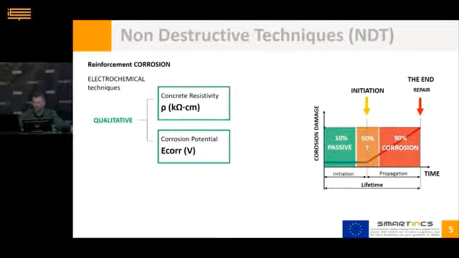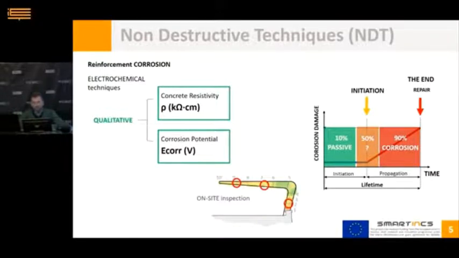For example, when applied on site, they provide in a short time a corrosion risk map that gives an overview of the structure condition. This information can be very useful to select the critical points to be analyzed more thoroughly or to be evaluated periodically.